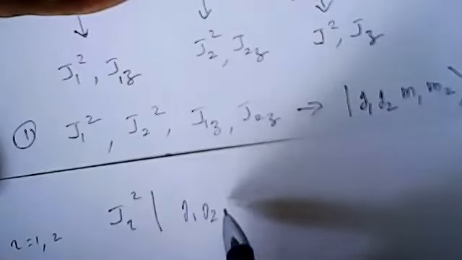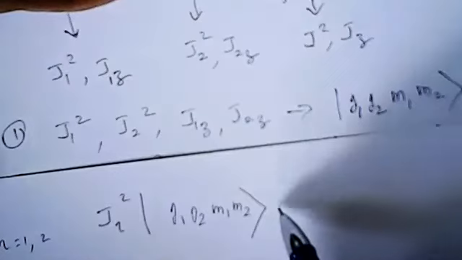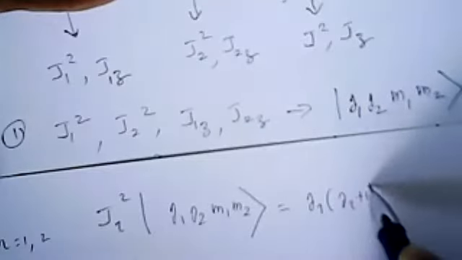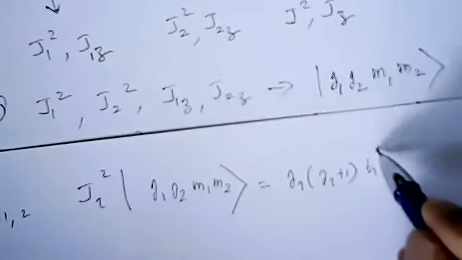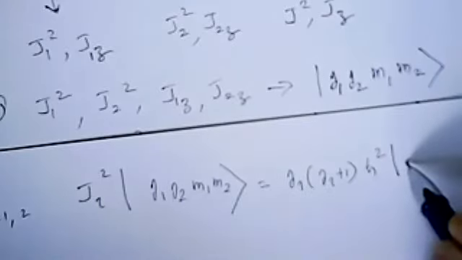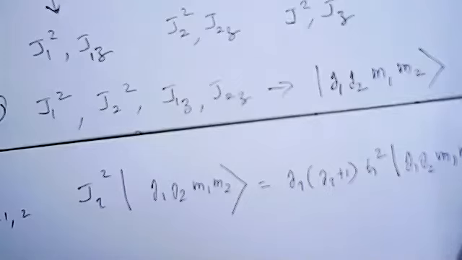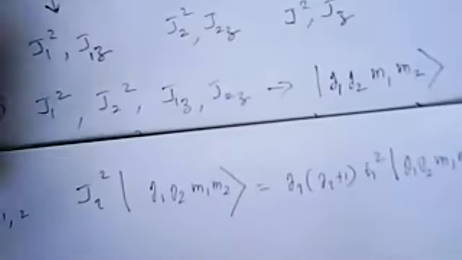When Ji square acts on its eigenstate |J1, J2, M1, M2⟩, we get the result Ji(Ji+1)ħ² times the same state |J1, J2, M1, M2⟩. So this is actually 2 equations, i equal to 1 and 2.